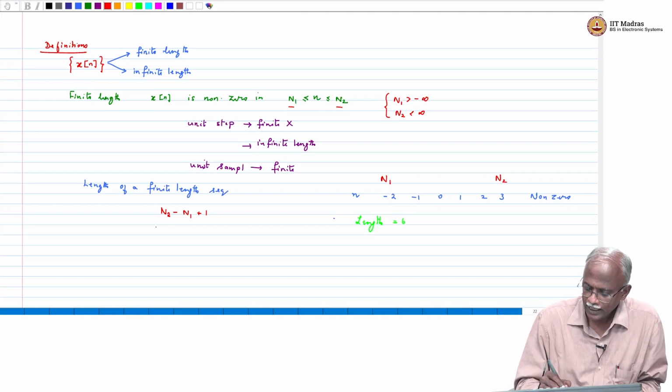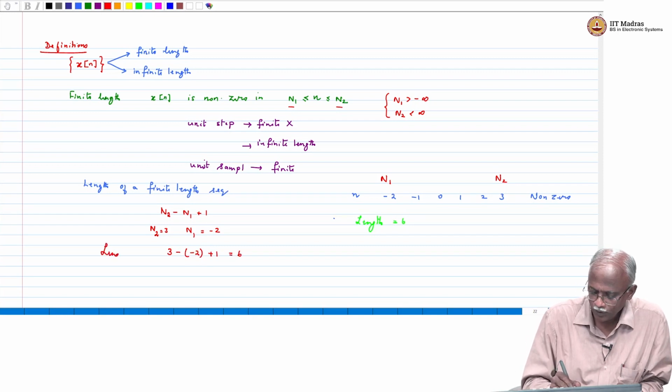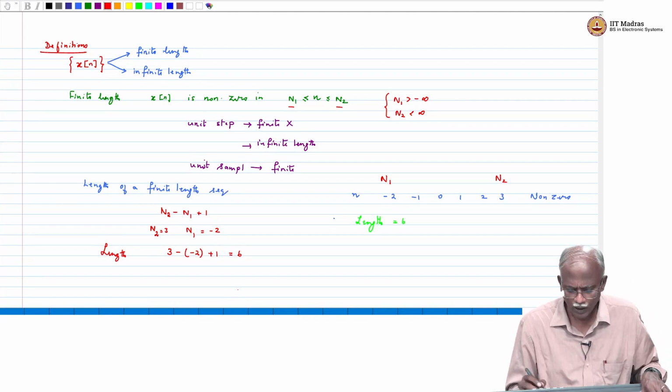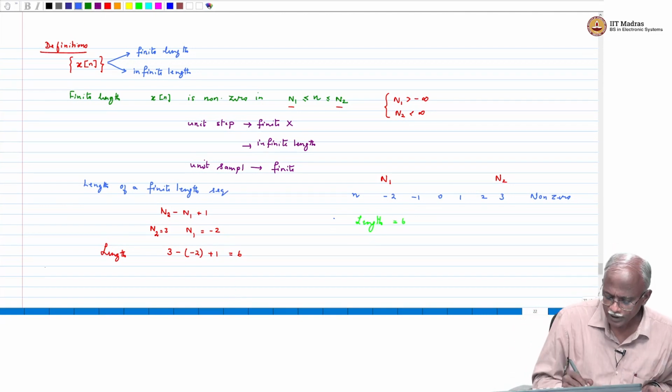Did we get that correct? n2 equal to 3, n1 equal to minus 2. So, 3 minus of minus 2 plus 1 should be equal to 6. So, this is the value of the length of the sequence. Now, let me give you an example.